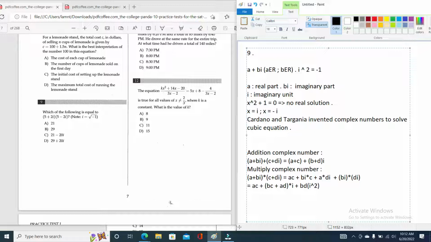But i squared is equal to -1, as we defined for complex numbers. So we copy everything, and when we have i squared we replace it with -1. In general we have ac minus bd, plus (bc plus ad) times i. That's in general how you work out multiplication of complex numbers.